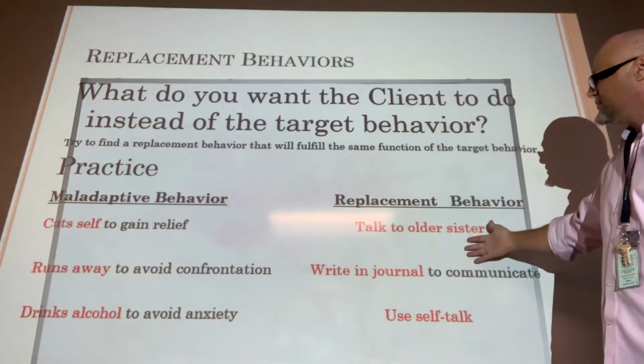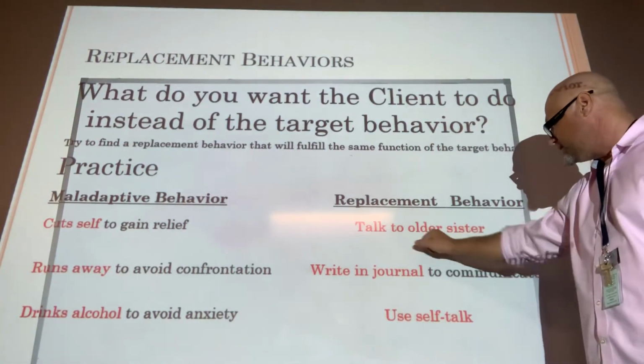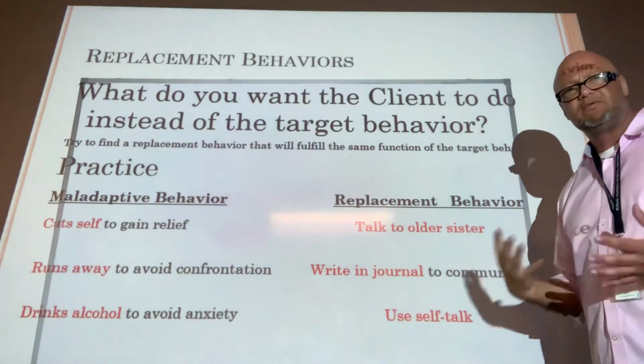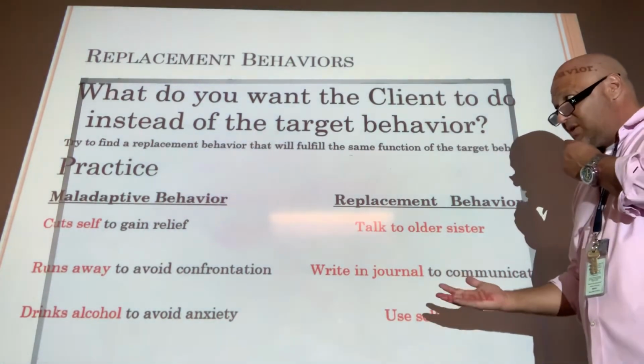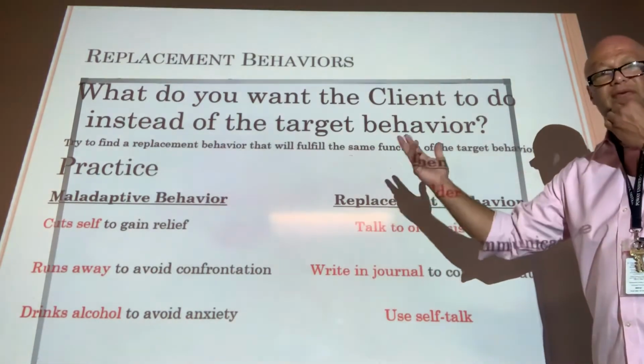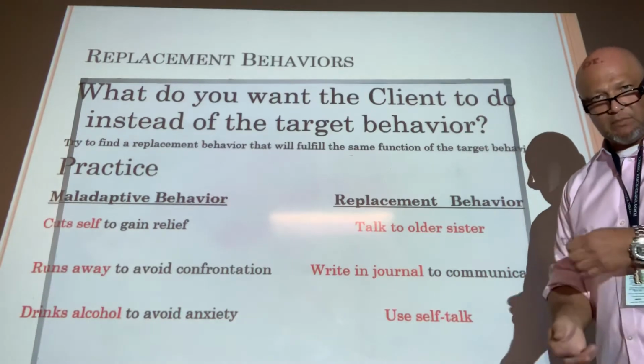So a possibility for a client might be talking to an older sister. And that takes working with that client to really understand what is going to help replace that cutting behavior. What gives you the same relief that you might get?